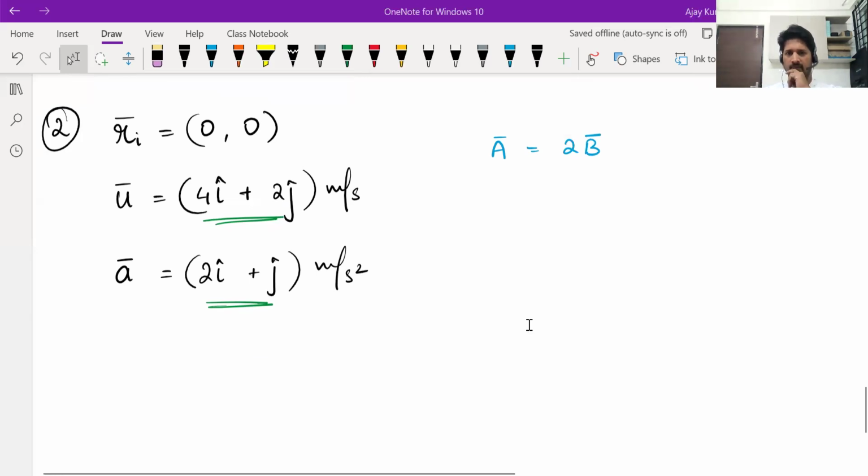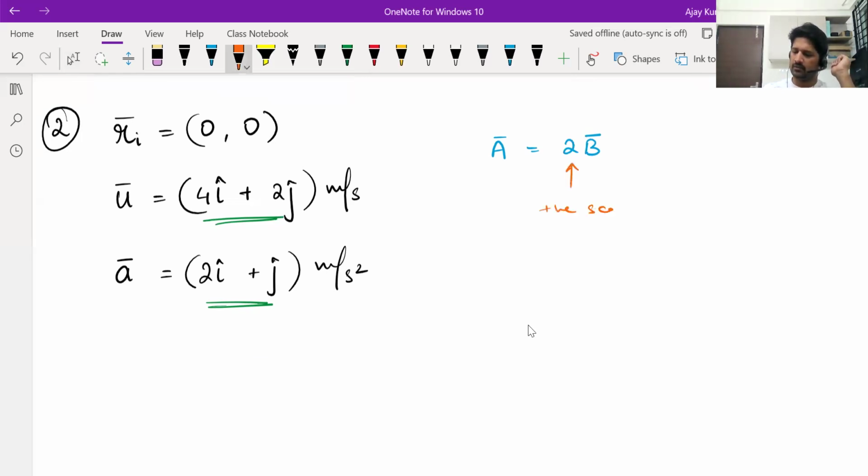So they are pointing in the same direction. Correct. See, if one vector is twice of another vector, this 2 is a positive scalar, right? So when you multiply B with a positive scalar, you are getting A. A vector B, when multiplied with a positive scalar, its direction does not get changed.